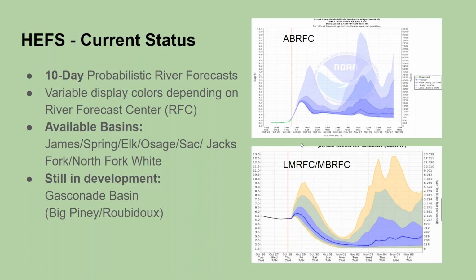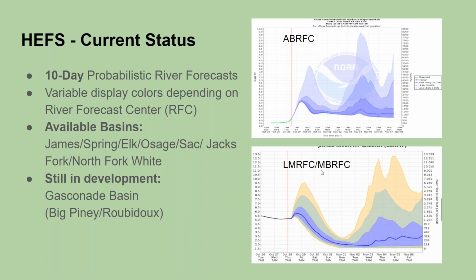We have 3 river forecast centers that develop these depending on where you are in our forecast area. So Arkansas Basin, their display may look a little bit different. So anybody on the Spring, Elk, Shoal Creek, that area, if you look at your HEFS forecast, they'll probably just be all blue, but just know that this darker blue is your highest probability, and then it gets lighter as your probability drops.